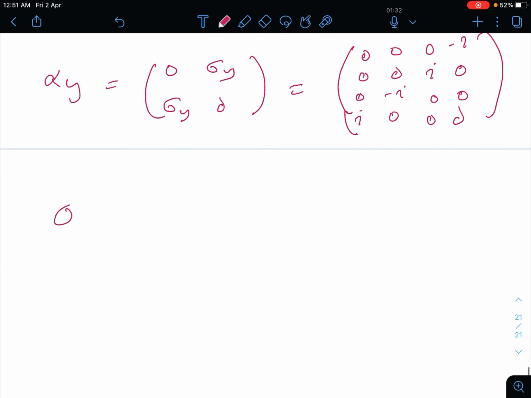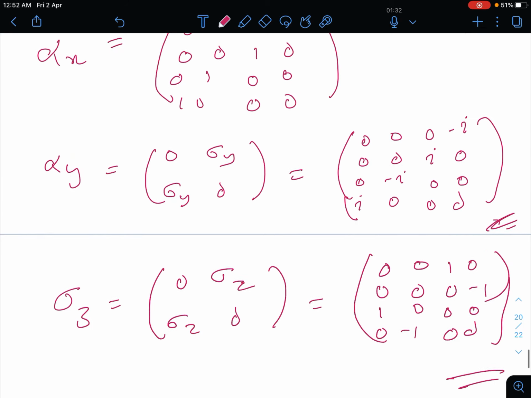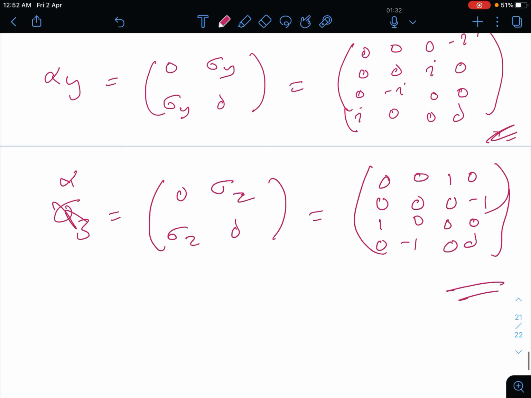And similarly sigma z is easy to remember, right? Alpha z is 0 sigma z, sigma z 0, where sigma z is 1 0 0 minus 1. So this is not sigma x, this is alpha z.